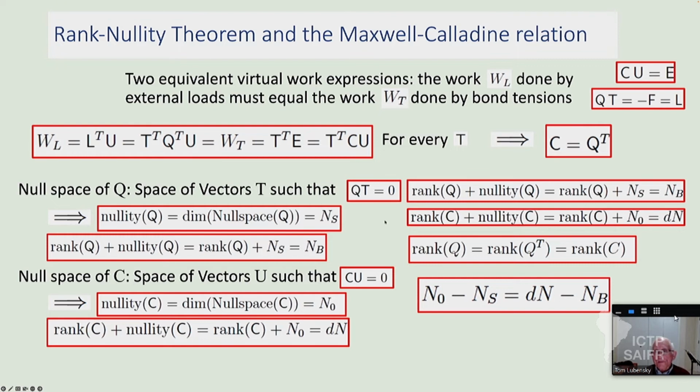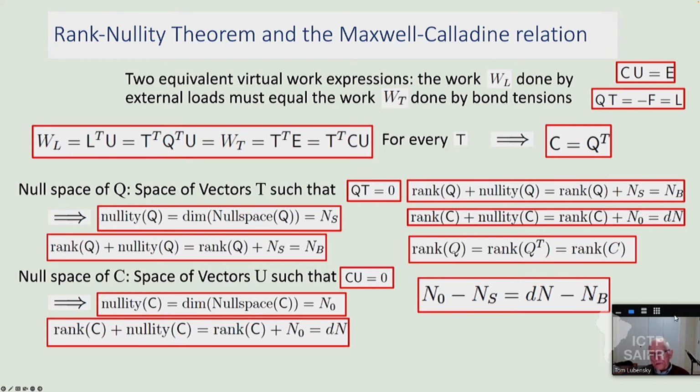In other words, strictly speaking, in glasses or sand piles, you can have bonds under stress even though the net forces are 0. The physicist's definition is that dN minus N_B is equal to 0, that is, dN is equal to the number of bonds.